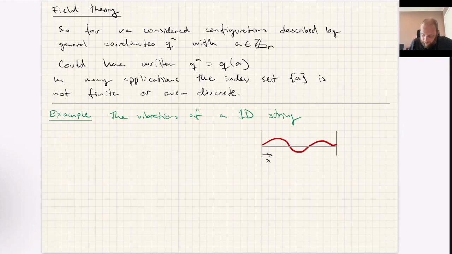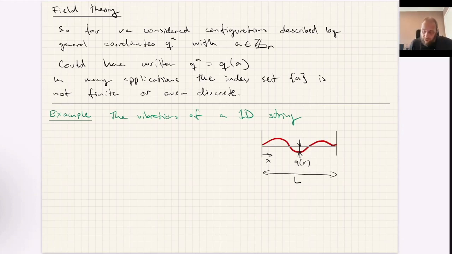So for example, here would be q of x. And giving the configuration of the string means giving a function q of x, for x from 0 to L, right?